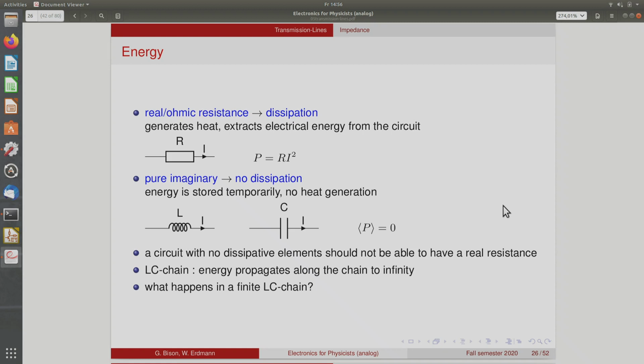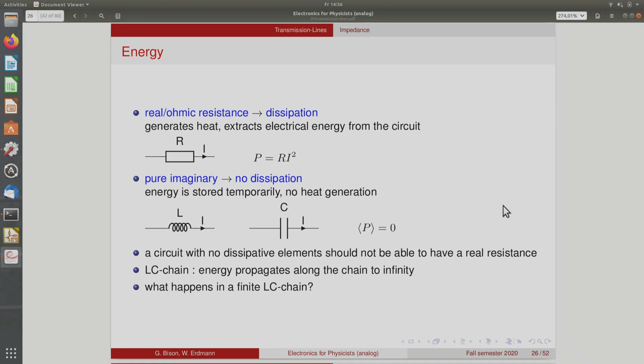There's an interesting question raised by the fact that this LC chain behaves like an ohmic resistor. There's a fundamental difference between resistors and capacitors and inductors: a resistor generates heat. When a current flows through a resistor, it dissipates power, taking power out of your circuit and producing heat instead.